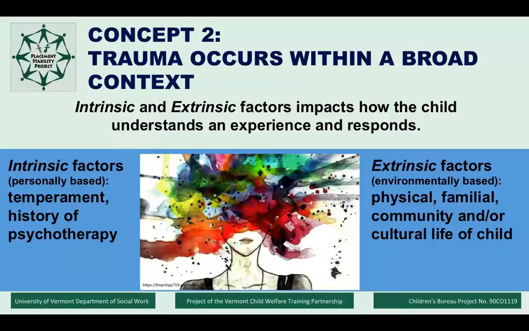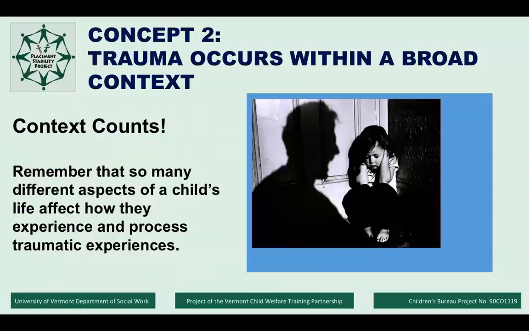Intrinsic factors are personally based and include temperament, prior experiences, including past trauma, and any history of psychotherapy. Extrinsic factors are environmentally based and include physical, familial, community, and/or cultural context. For example, a child's reaction will be greatly impacted by the reaction of his or her caregivers and the availability of support in the immediate aftermath of the traumatic event.